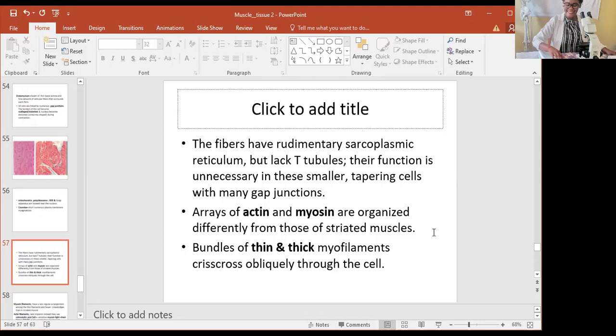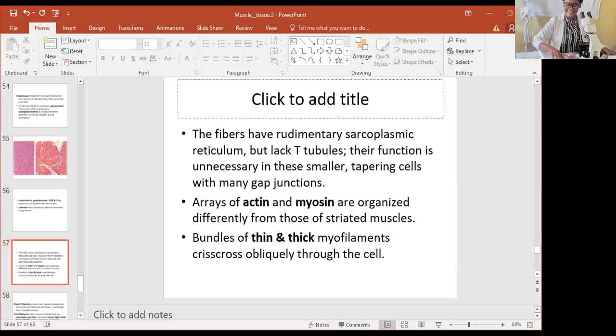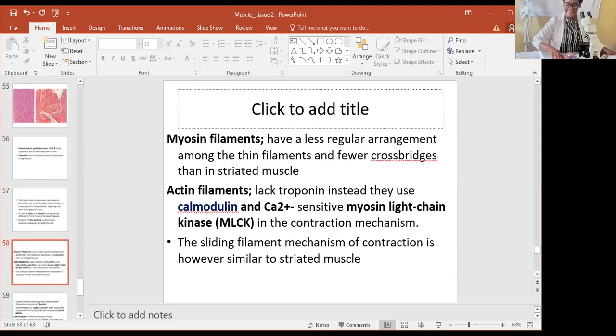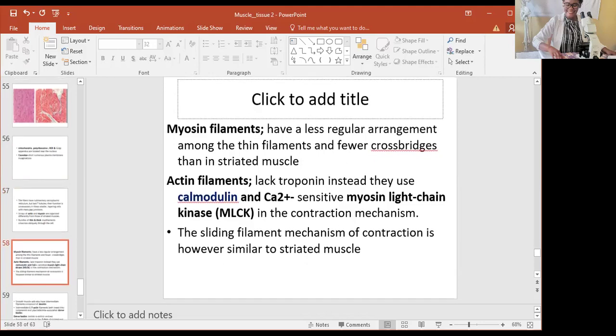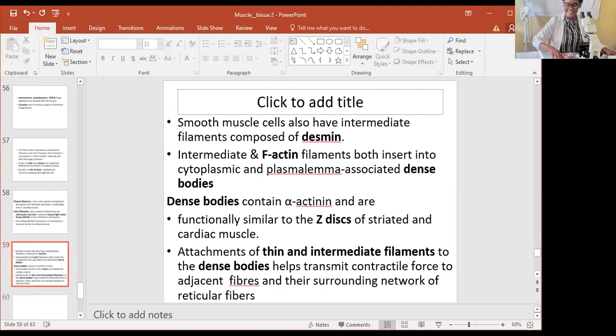These thick and thin filaments are arranged in such a way that they crisscross each other in an oblique manner, which means even the contraction will be different.